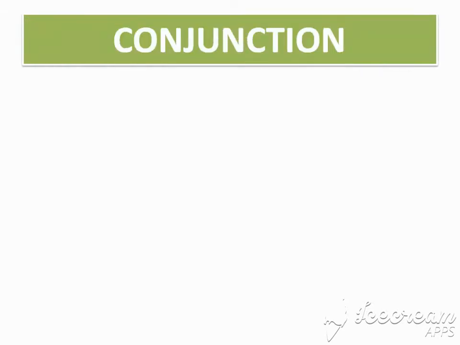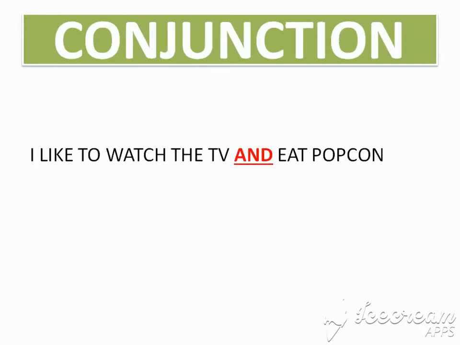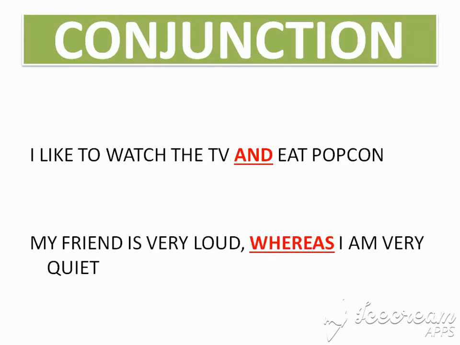Examples of the conjunction. I like to watch the TV and eat popcorn. The conjunction here is and. My friend is very loud, whereas I am very quiet. So the conjunction in this example is whereas.